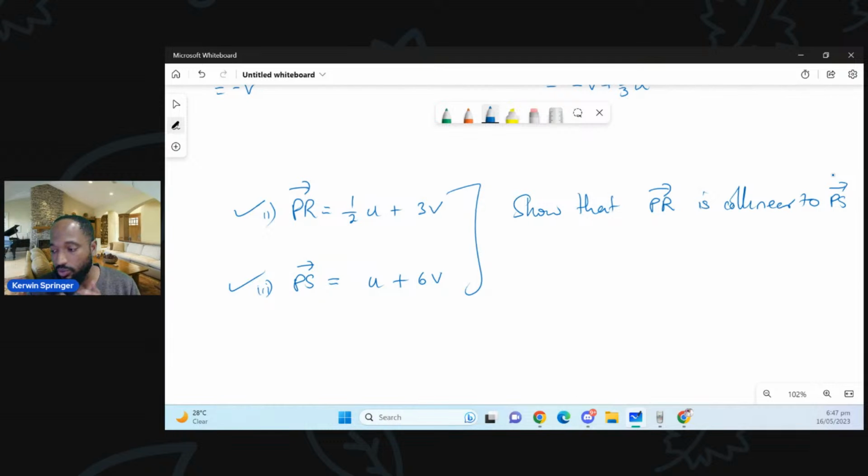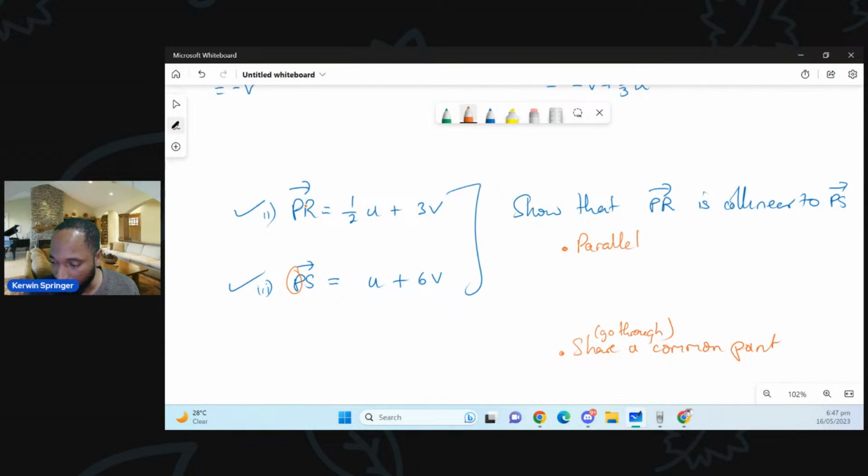How do you do that? Well, there are 2 steps. First, you need to prove that they are parallel, which is 1 step. Sometimes you could just be asked for parallel, so you just show what I'm going to show you there. And then you need to say that they share a common point. What's the common point that they share? From this, you can see they go through a common point.